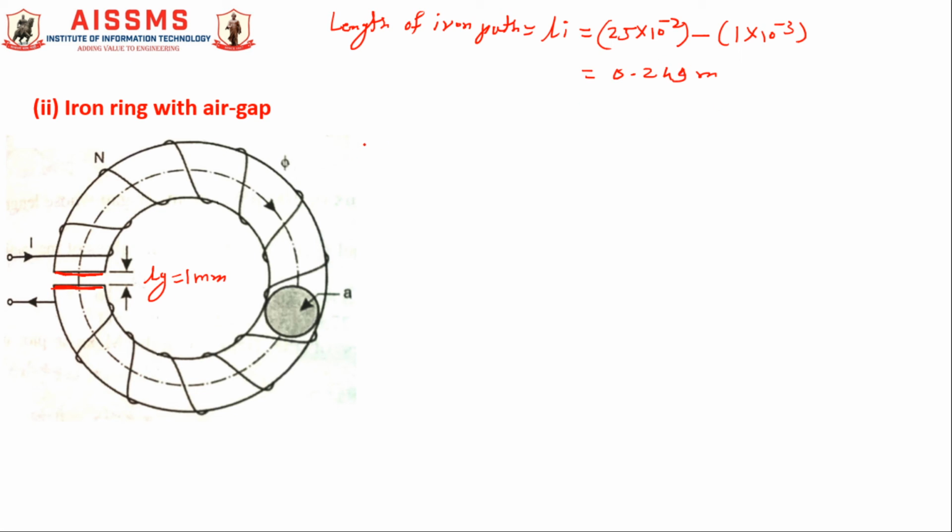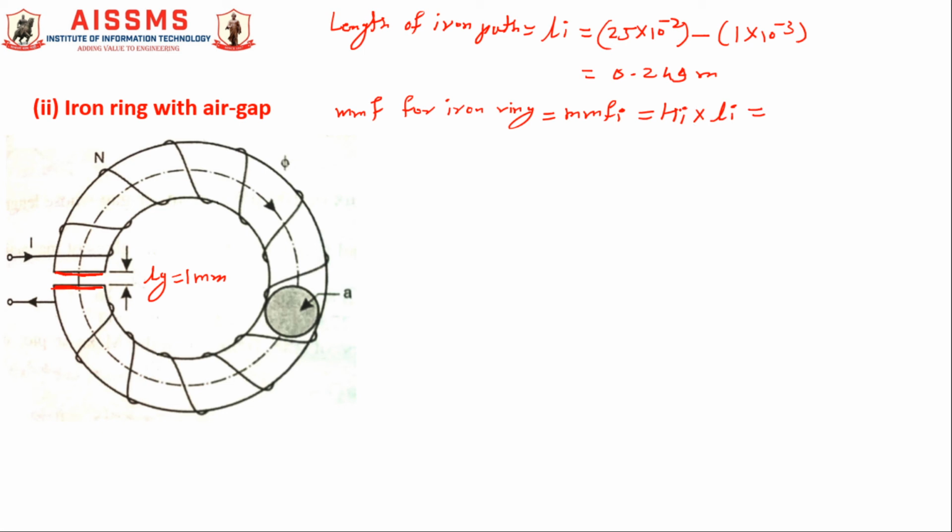Once we calculate it, then find out the mmf for the iron ring. mmf i is equal to Hi into Li.